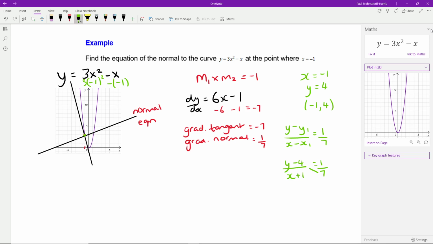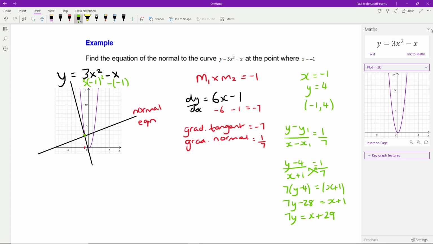Times both sides: I'm going to times that to that side and that to that side. We've got 7 lots of y minus 4 is equal to x plus 1. So 7y minus 28 equals x plus 1. We've got 7y equals x plus 29.